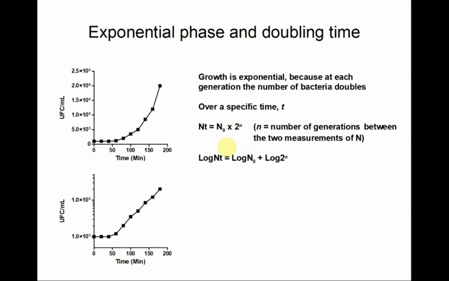But you don't really care because that's going to divide out later on, because you're going to be taking K away from both of these. So whatever this constant is that relates the OD600 to the number of cells per ml doesn't matter because it's going to disappear in the calculation later on. So you don't need to know the relationship between OD600 and the number of bacteria per ml.